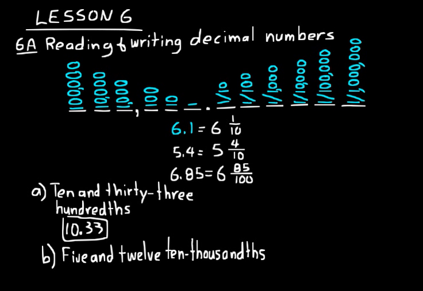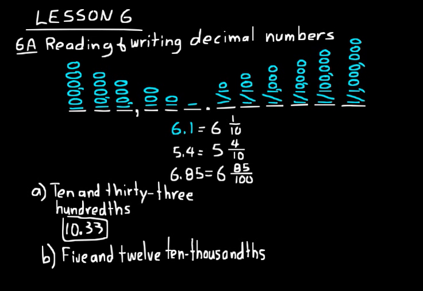Look at B. 5 and 12 10,000ths. That tells us that the 12 10,000ths part is on the right side of the decimal point. Now the practice problem A we did was 33 hundredths, and the hundredths is the second spot to the right of the decimal point, so we knew that we would just write 0.33. Now we can't just write 5.12 for this one, because the 2 in the 12 has to end up in the 10,000ths spot.